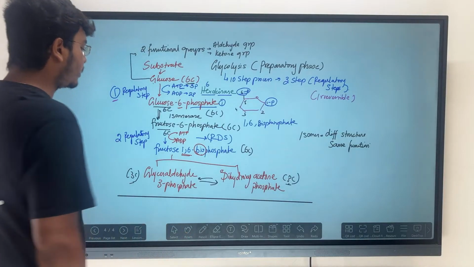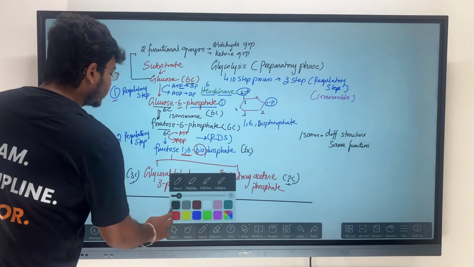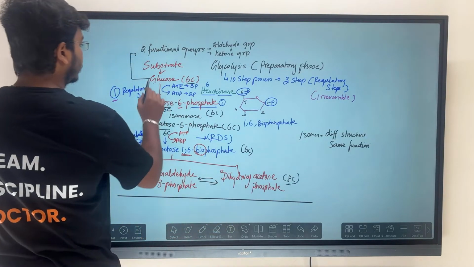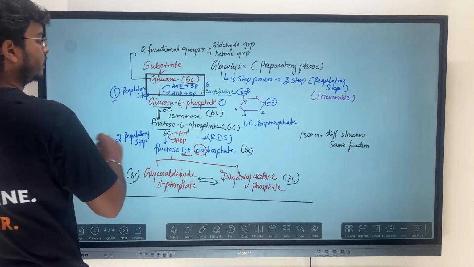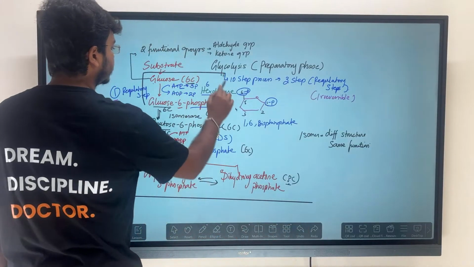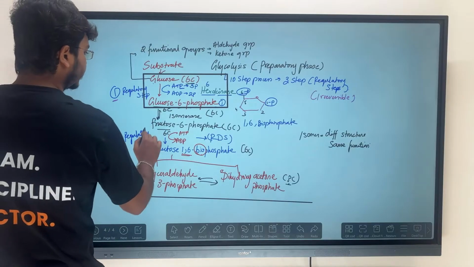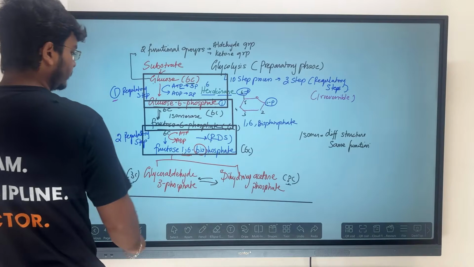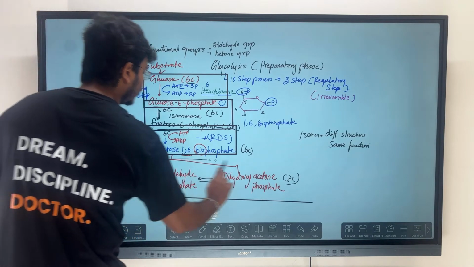So how many step process is it? You can see this is your first step. Yeah, so this is step 1, this is step 2, this is step 3, and this is step 4.